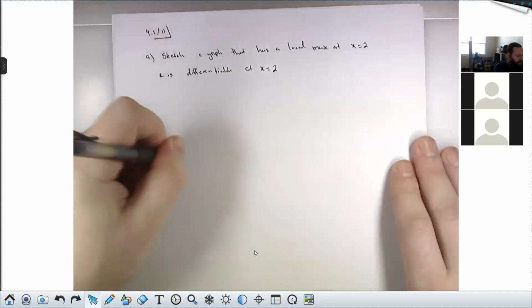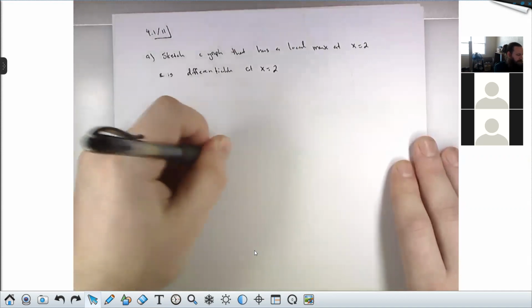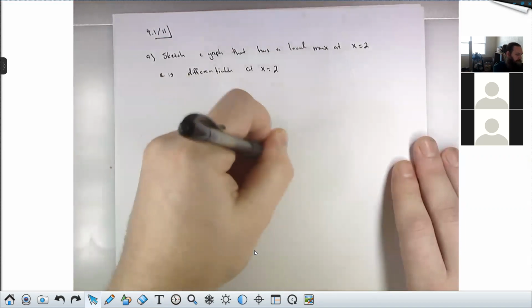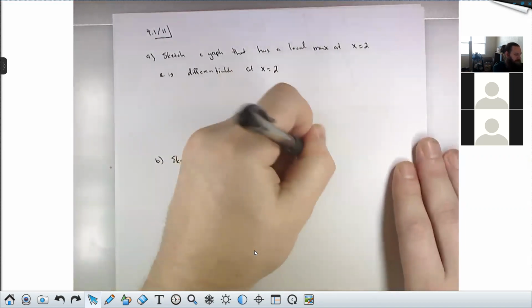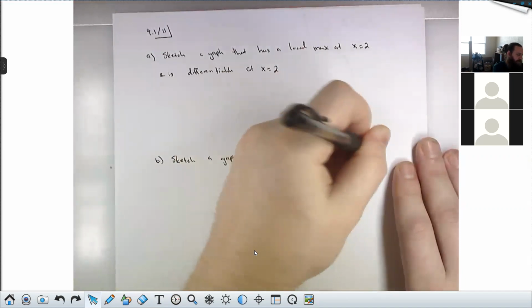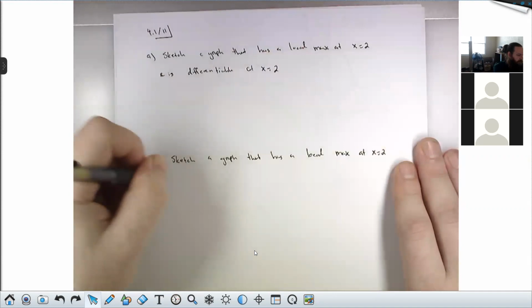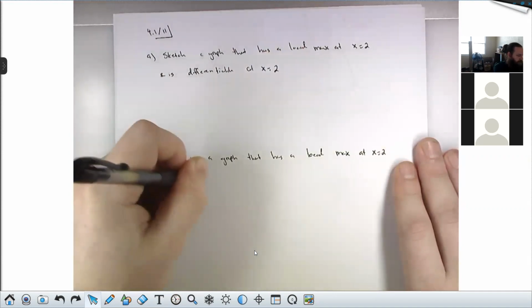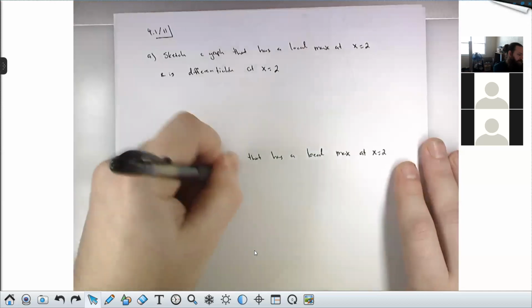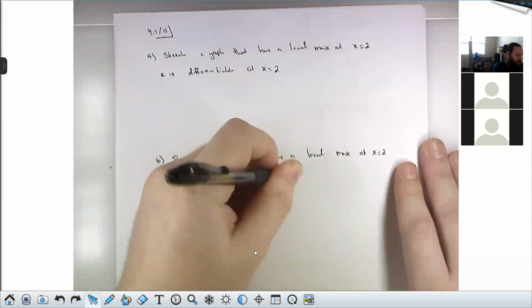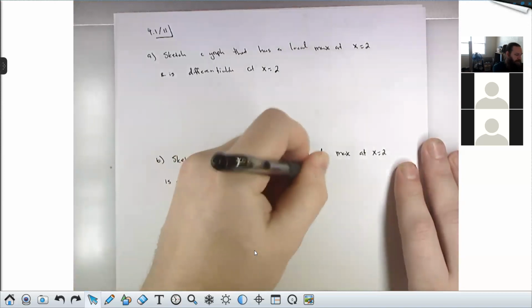Here we're going to sketch a graph that has a local max at x equals 2, is continuous at x equals 2, but is not differentiable.